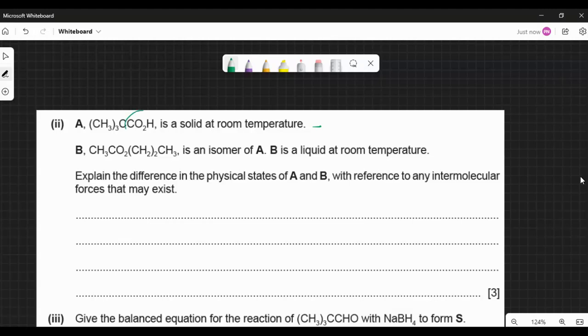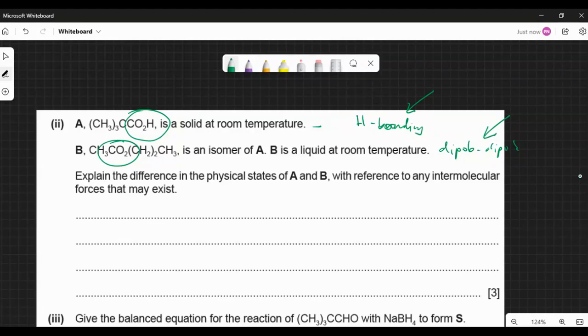Well, look at this thing here. There's an OH there, yes. So A is going to have hydrogen bonding, isn't it? Now, B doesn't have hydrogen bonding because it's an ester. So B is going to have dipole-dipole. So first things first, you've got to mention what the intermolecular forces for them both are.